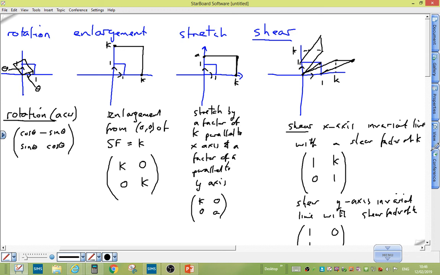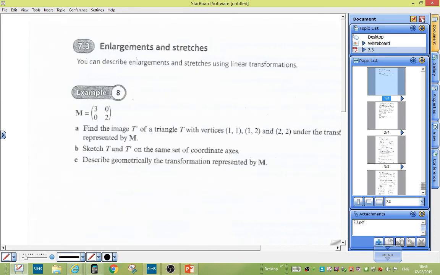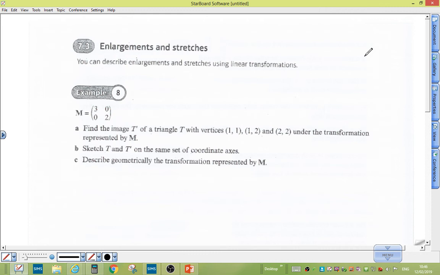Right, going back to the notes. Enlargements and stretches. You can describe enlargements and stretches using linear transformations. So if the matrix is 3, 0, 0, 2, find the image T prime of triangle T with vertices given, under the transformation of M. So what you would do is you do a quick one.